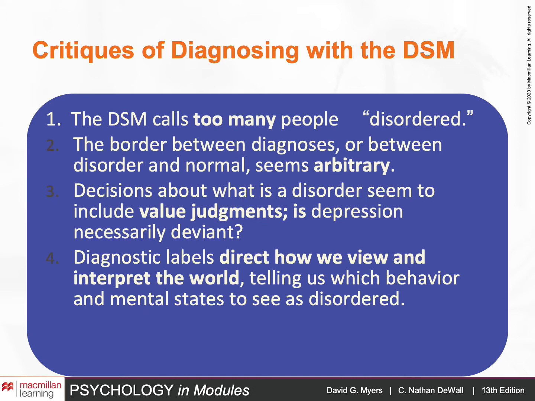But there are other biases as well, or other value judgments. So, for example, there are more labels for symptoms most likely to be evident in females, right? There are more diagnoses for symptoms that tend to occur in females and fewer for things that tend to present almost exclusively in males. So we have a lot of different diagnoses for things like anxiety and depression, whereas we have relatively few diagnoses for things like anger-related disorders, right?